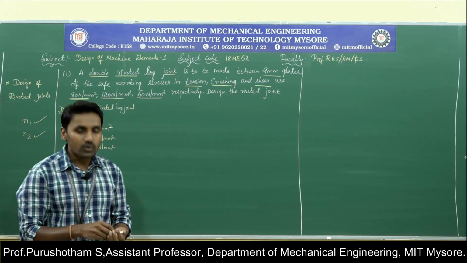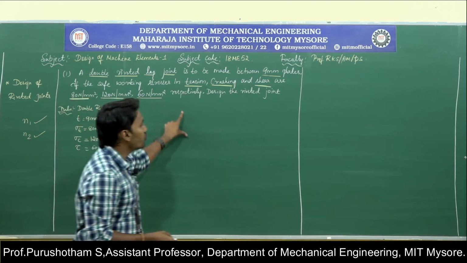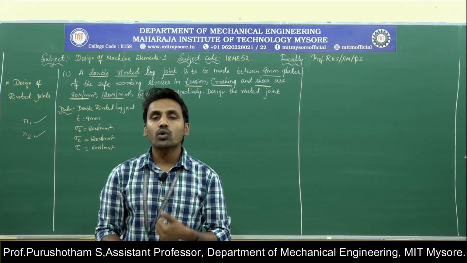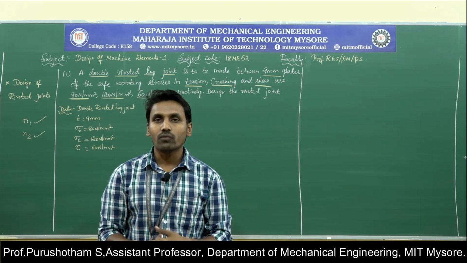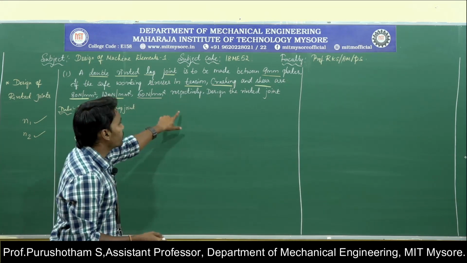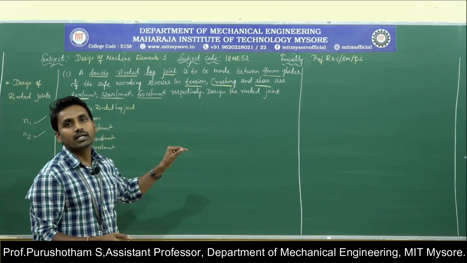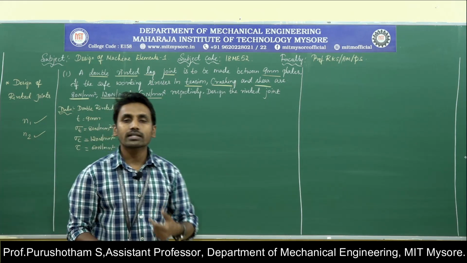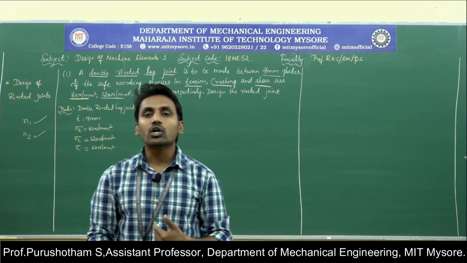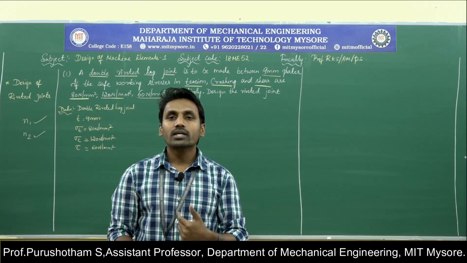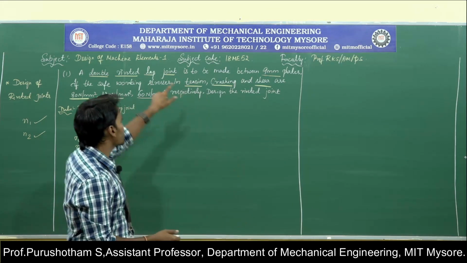For this, before that, we need to draw the front view and top view of this double riveted lap joint, just because we need the N1 and N2 values. Before drawing the top view and front view, note that they have not mentioned whether it is chain case or zigzag case. It is not mentioned in the problem statement.